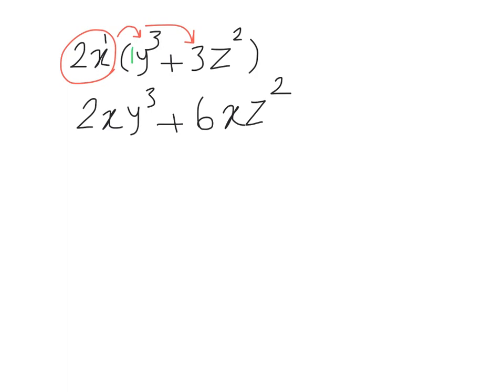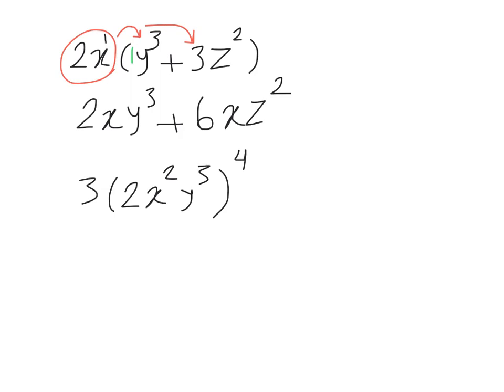Let's see one more example. In this example, I want to use the power of a product. Okay, so let's see. 3 times 2x squared y cubed, all of them raised to the power 4. Okay, so you know there is a term outside the brackets.